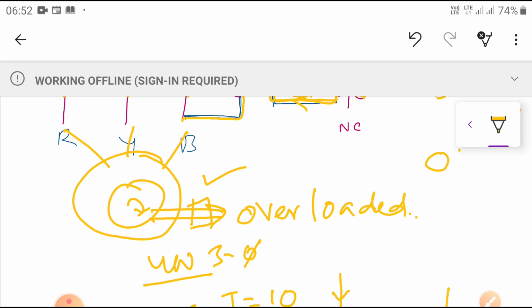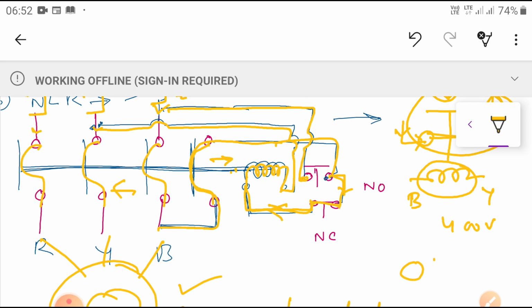My coil requires the rated voltage. If I give 400 volts to my coil, it will produce the required flux. If I give the reduced 300 volts, then my flux also reduces.